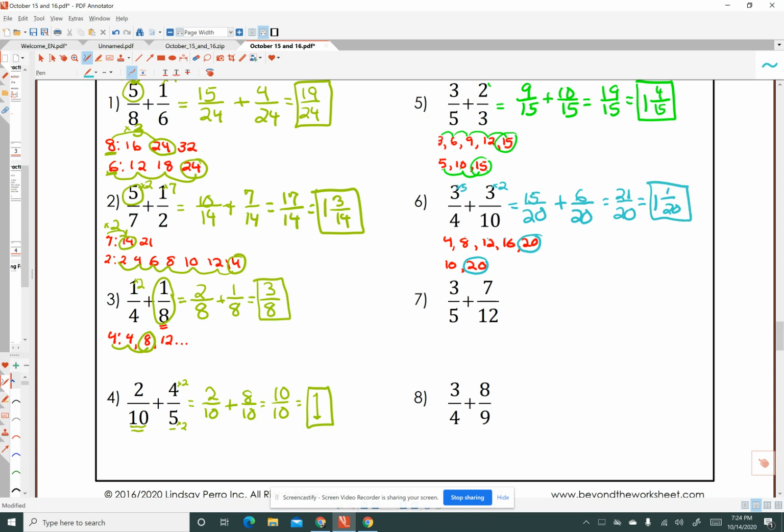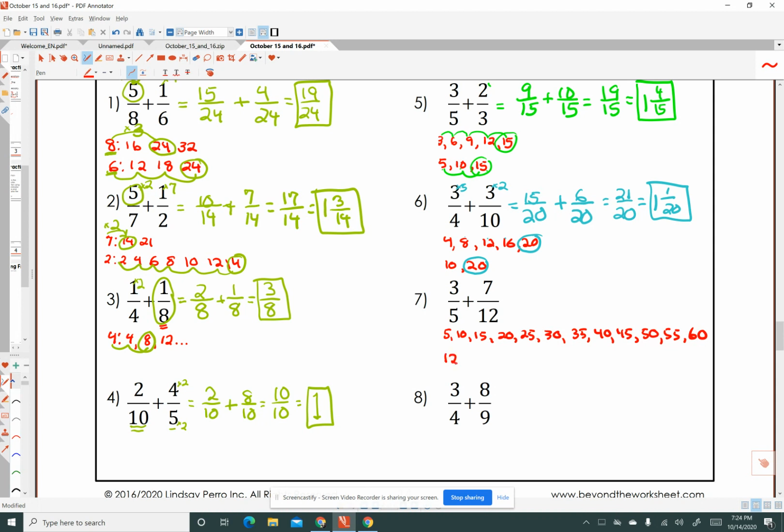And the next one, let's see, we need to find a least common multiple. So multiples of 5 are 5, 10, 15, 20, 25, 30, 35, 40, 45, 50, 55, 60, and I'll stop there.